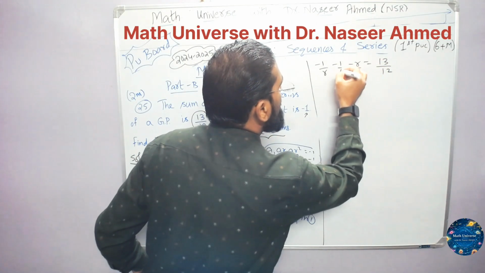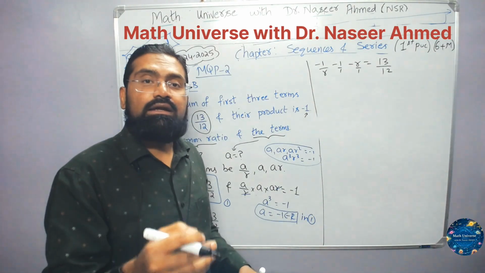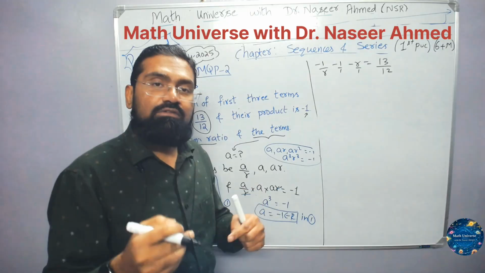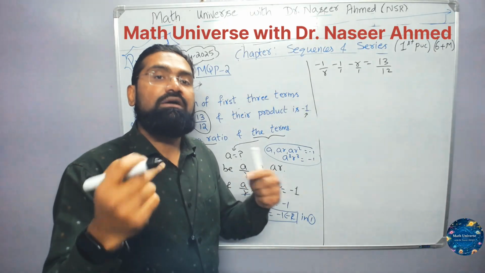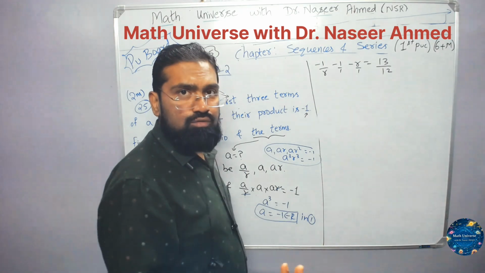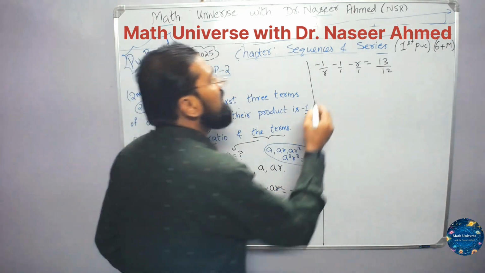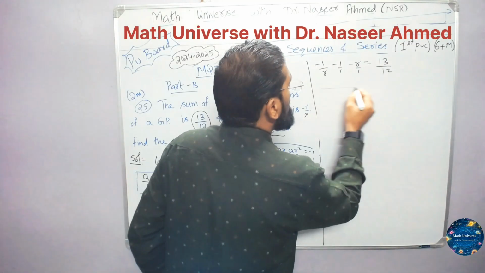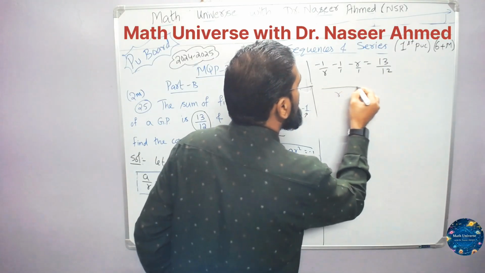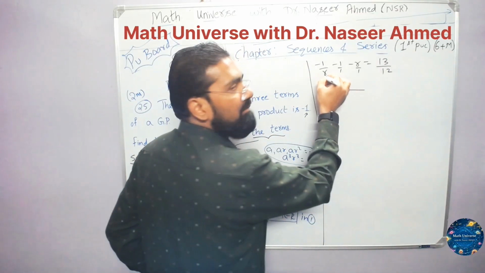Here 1, here also 1 I can say, because there is nothing in the denominator. Whenever there is nothing in the denominator, it is 1, because a number by 1 will always be the number itself, the same number. 2 by 1 is 2, 3 by 1 is 3, a by 1 is a, r by 1 is r. Okay, the LCM of r, 1 and 1 will be r. R by r will be 1.